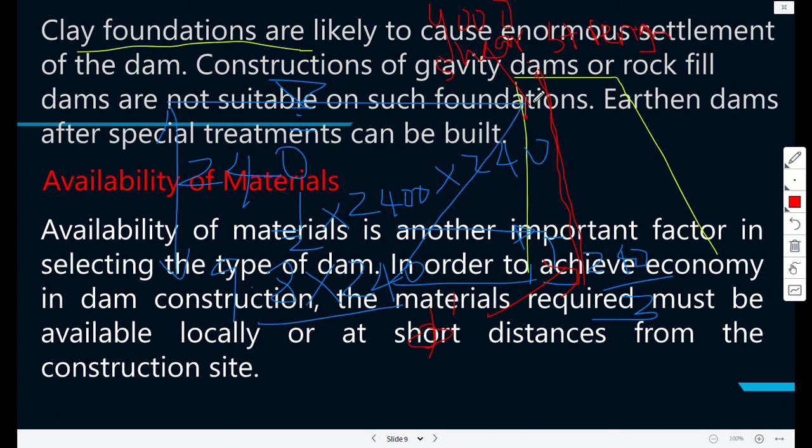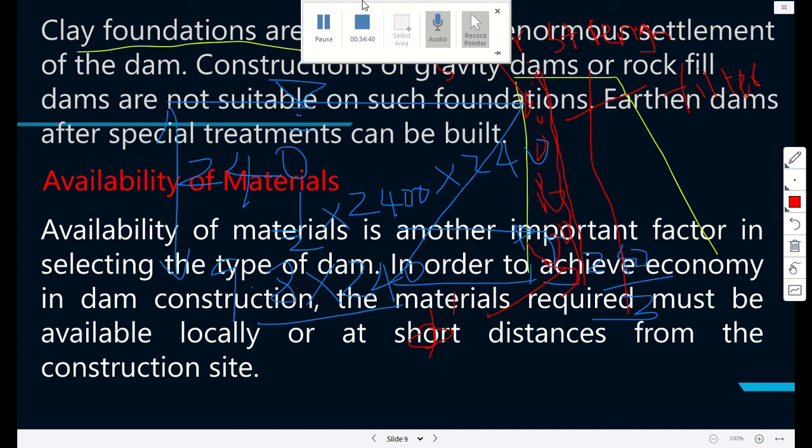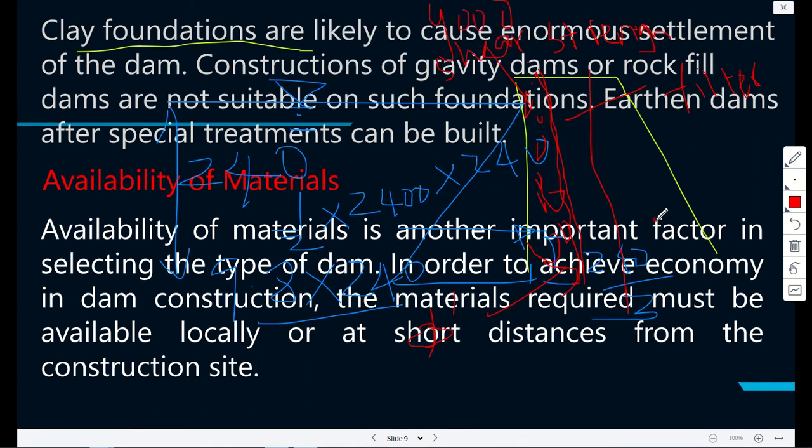So here you can use rocks or gravelly material of good shear strength, but the problem with such material is that it has high permeability, so water will try to escape, and that's why you always design a carefully selected filter here. So we usually design a filter, for example clay, because clay has low permeability.